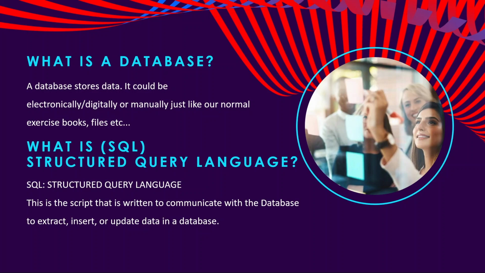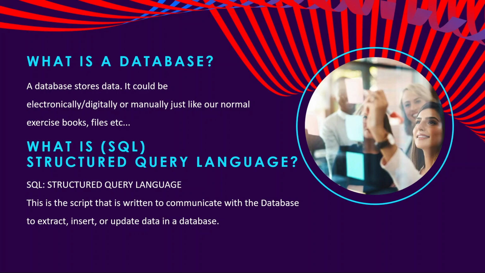That is why this definition here states that a database stores data. It could be electronically, digitally, or manually, just like our normal exercise book or normal files. So anything that stores data has become a database, okay? And just for a quick example again, let's take a good example of our phone.